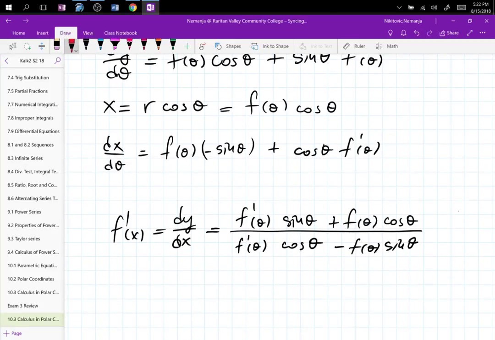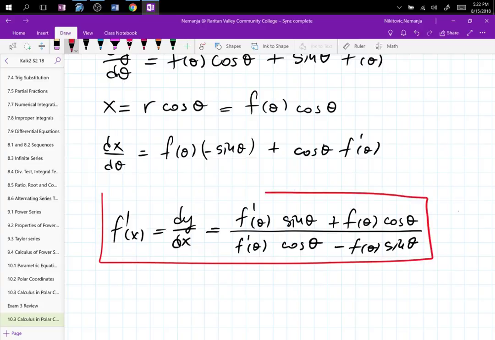Here's your formula that will compute the derivative of the polar equation, but the derivative is given in Cartesian, right? So dy dx.